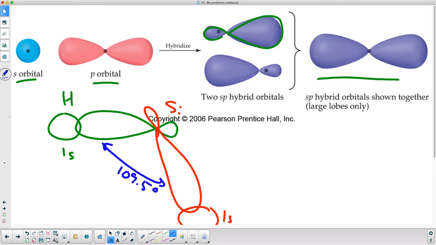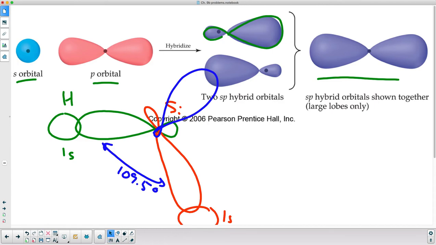Another one would then go off in a different direction, and the 4th one would go off in a different direction, but of course you guys know that none of this is 2-dimensional, that this is a 3-dimensional thing, so the bond angles don't translate very well on a 2-dimensional surface.